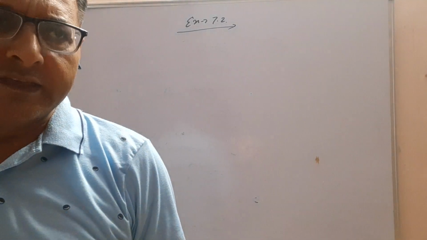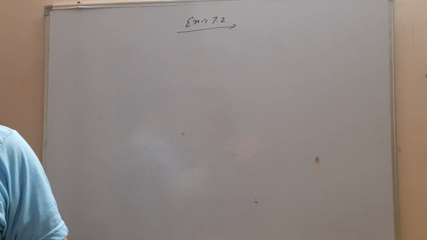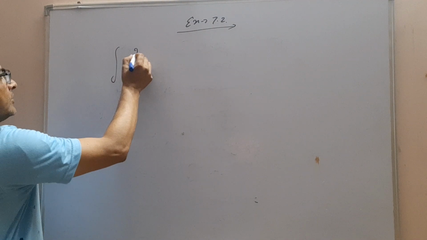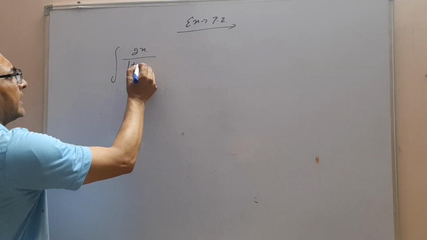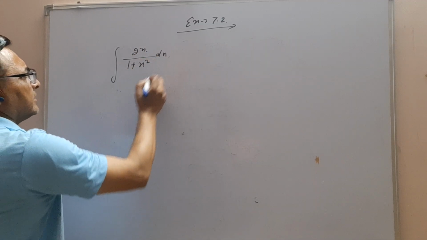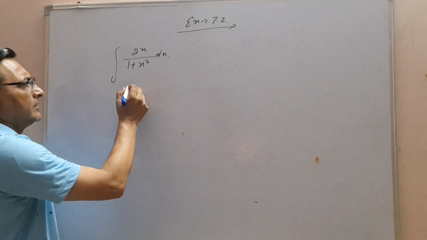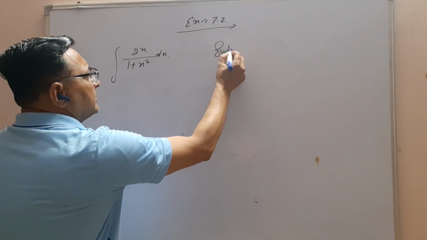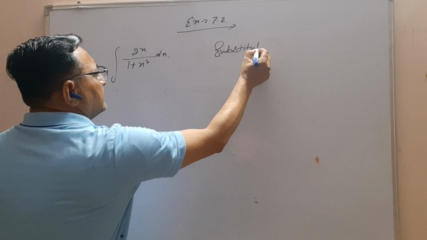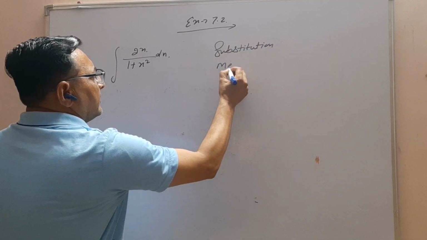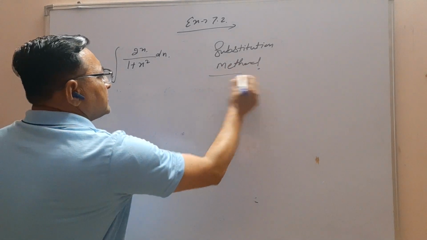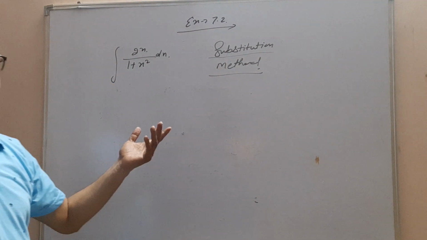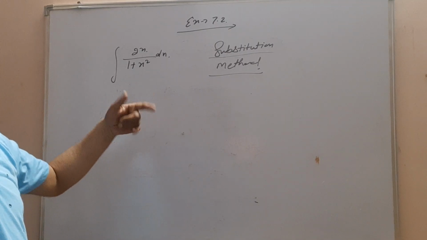The first question is 2x upon 1 plus x square. Here we will use the substitution method. What is this? Substitute means you have to put something to get the derivative of another function.